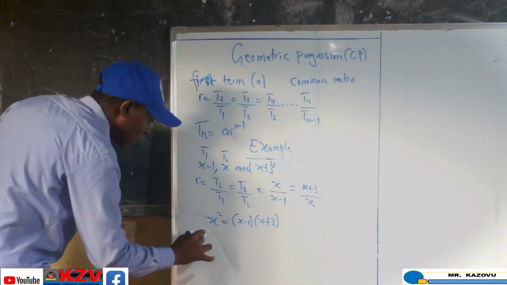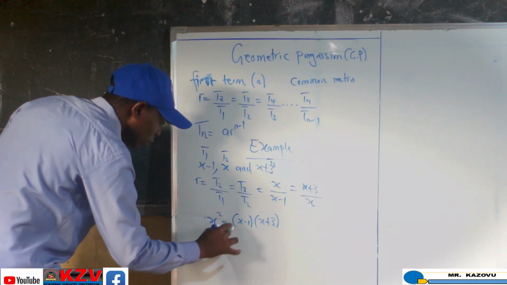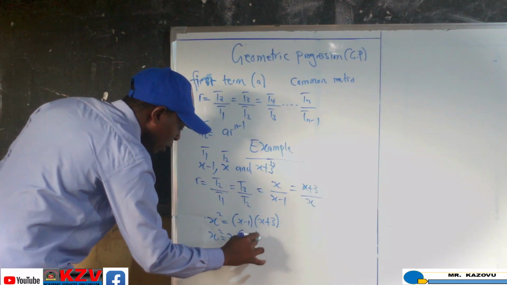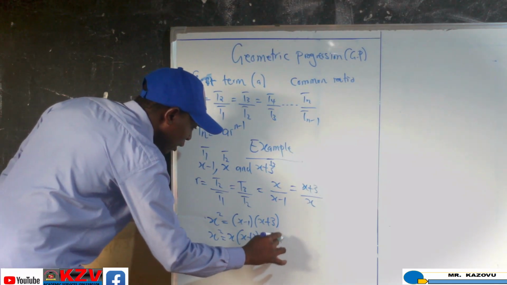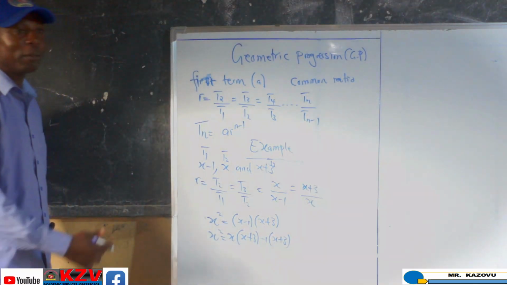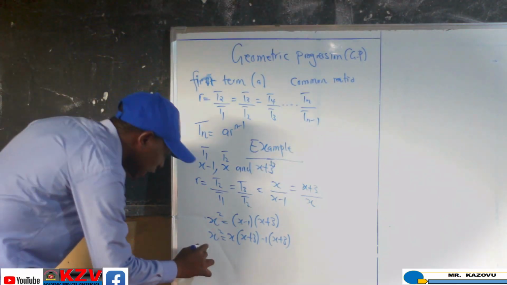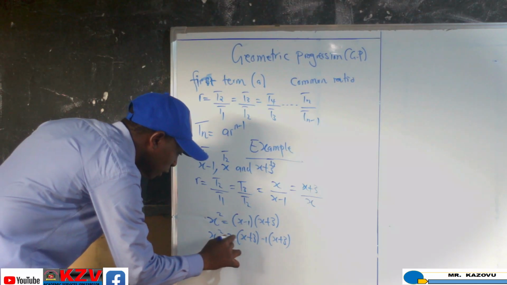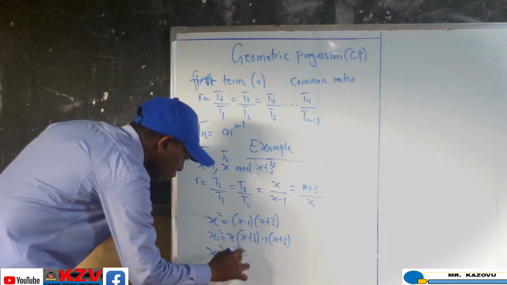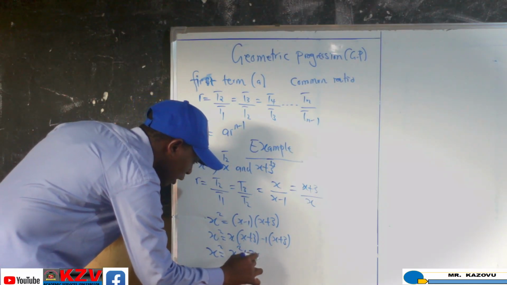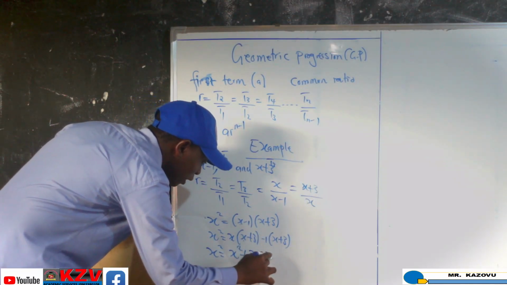Now here we have x squared is equal to x times x plus 3 minus 1 times x plus 3. I'm sure you remember these things; we were doing them under algebra. So x squared is equal to x times x, x squared, plus x times 3, which is 3x. Negative times x is negative x.